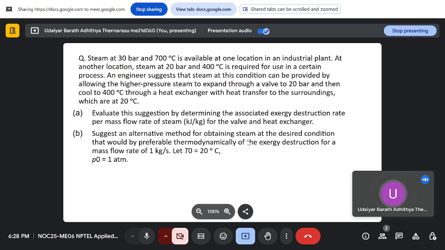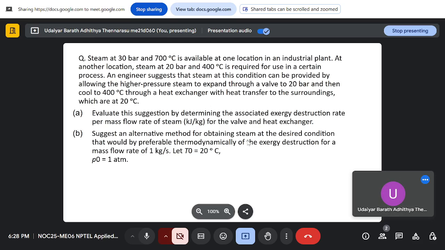So an engineer suggests that steam at this condition can be provided by allowing the higher pressure steam to expand through a valve to 20 bar and then cool to 400 degrees Celsius through a heat exchanger with heat transfer to the surroundings, which are at 20 degrees Celsius.